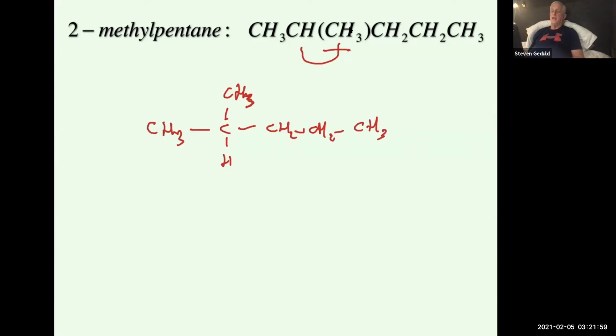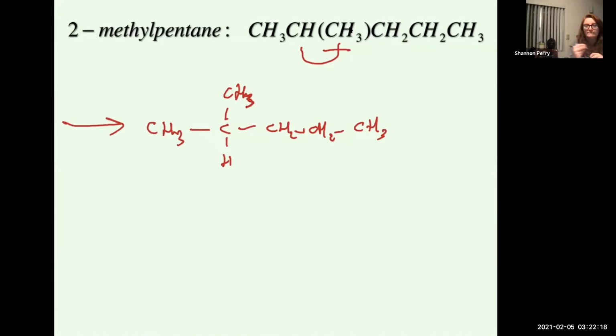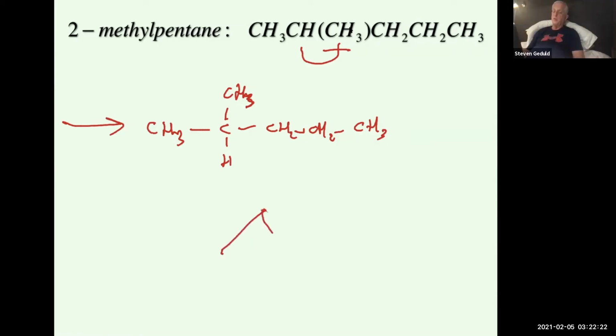Okay. Now the line formula, here we get just a little bit trickier. The line formula has how many carbons in a straight line now, not total carbons. Look at this structure right here. How many carbons are in a straight line? 5. So you make lines for 5 carbons. 1, 2, 3, 4, 5.